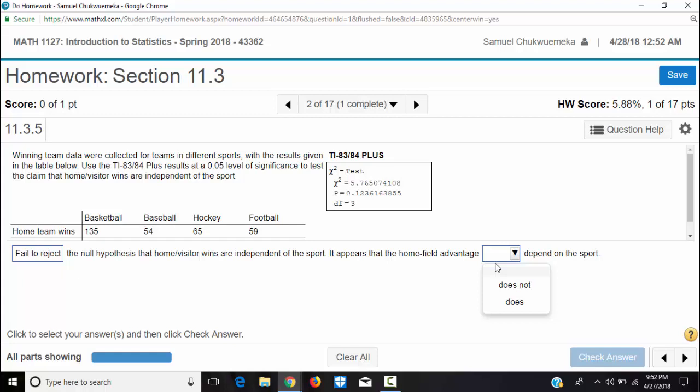The alternative hypothesis is that the home/visitor wins are not independent of the sport. So because you did not reject the null, we have to go with the null, and the null means that it is independent of the sport. So it appears that the home field advantage does not depend on the sport.